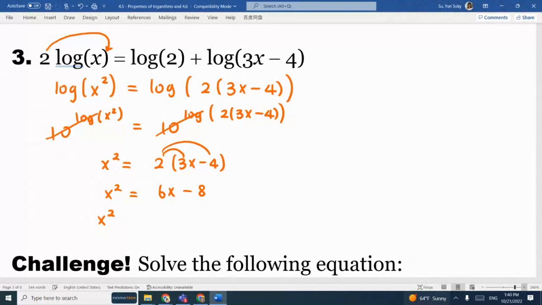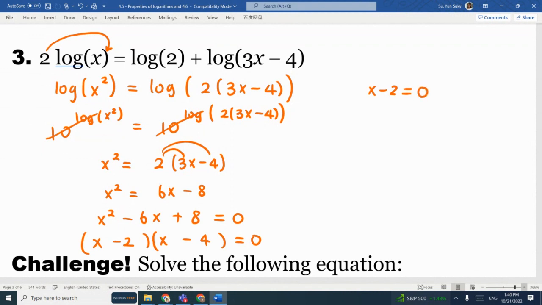So x squared minus 6x plus 8. Right, everybody? So how can we factor it? Yeah, very good. So we have x minus 2 is 0, or x minus 4 is 0. So x is 2, or x is 4.